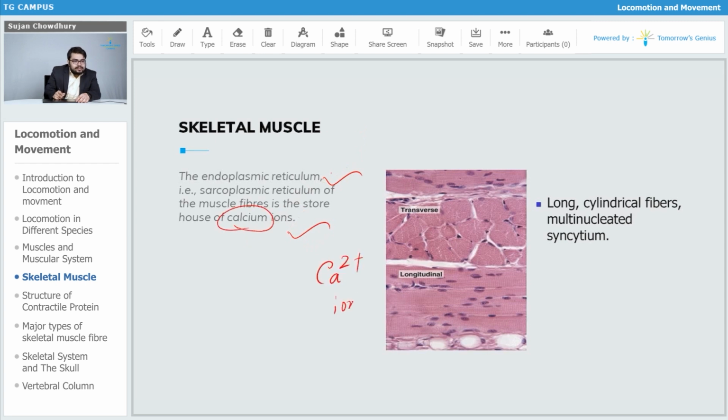The Ca2+ ions are stored in the sarcoplasmic reticulum, the endoplasmic reticulum of muscle fibers, which is present inside the sarcoplasm, surrounded by the sarcolemma, that is the plasma membrane of the muscle fiber.